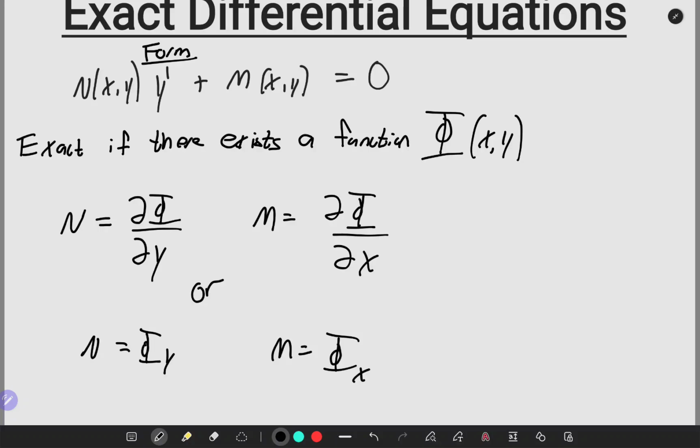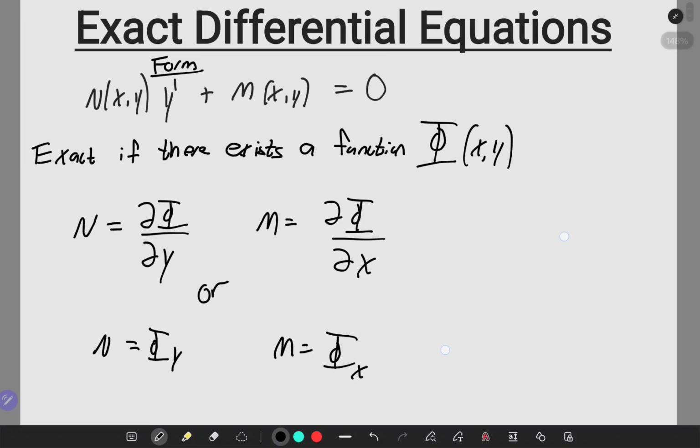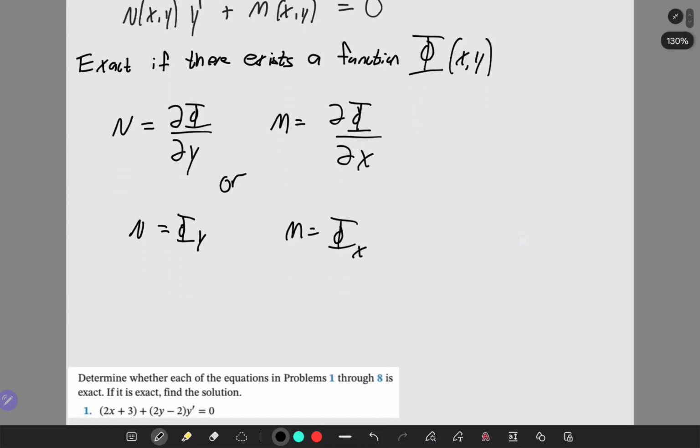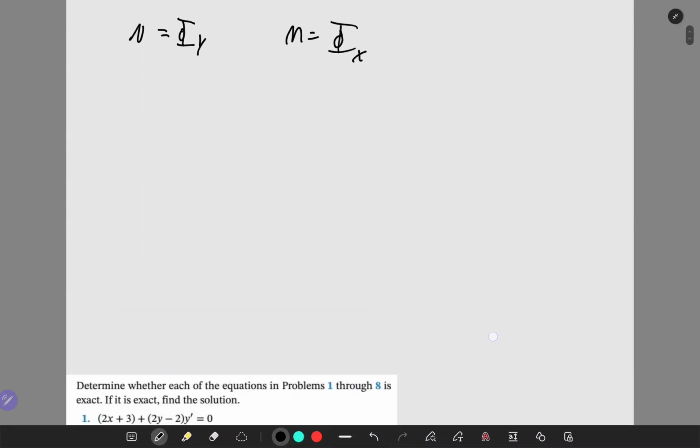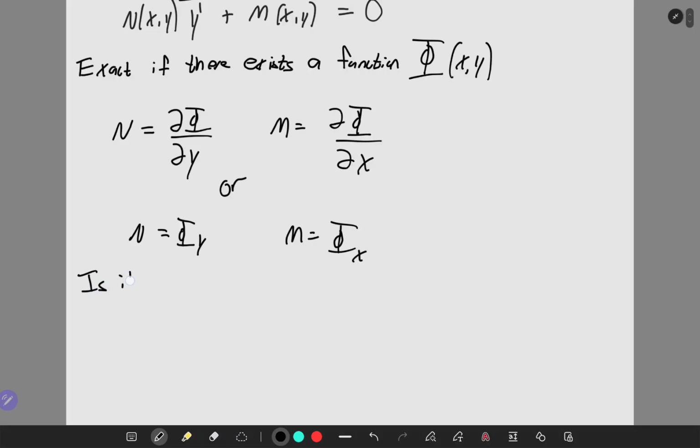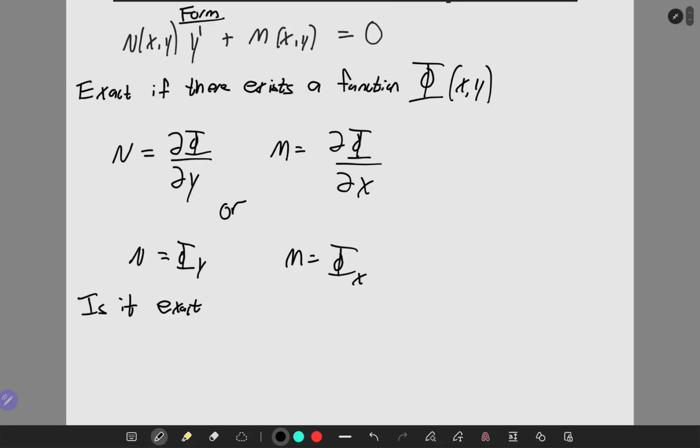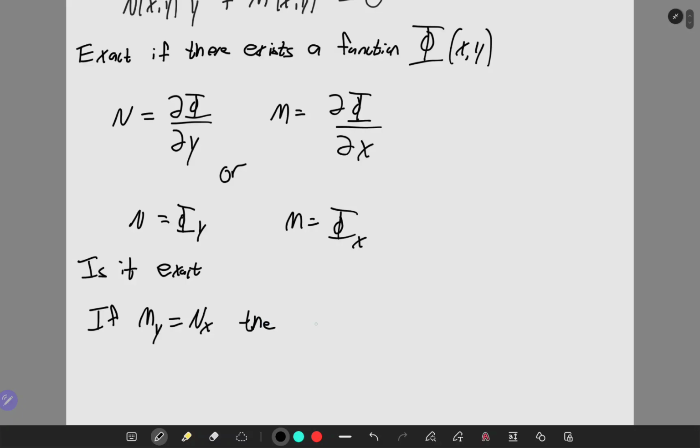So, to test if it's exact, well, the way to know is if the partial of m with respect to y equals the partial of n with respect to x, then the equation is exact.